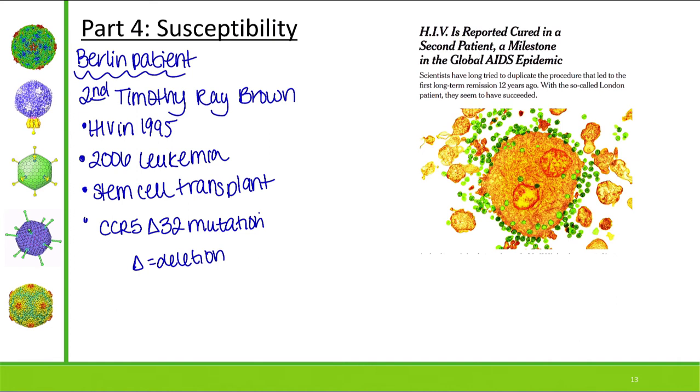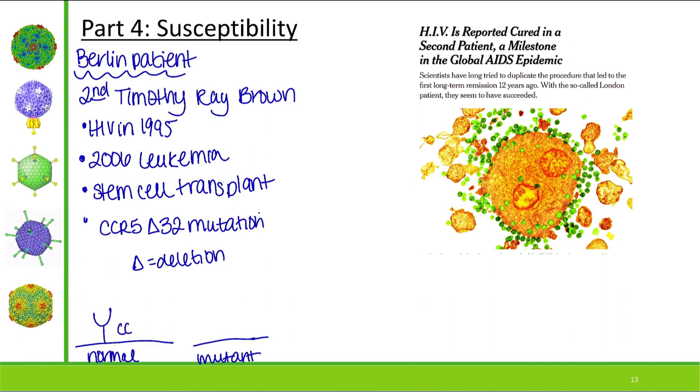And upon that co-receptor recognition, that's when we actually see entry that can occur. So for this Berlin patient, for both the first and the second one, the doctors specifically chose patients that had a deletion in CCR5.